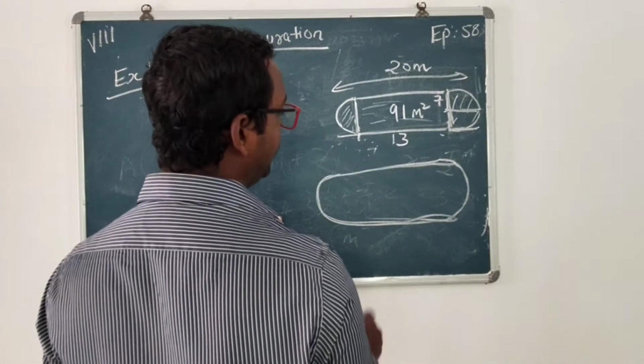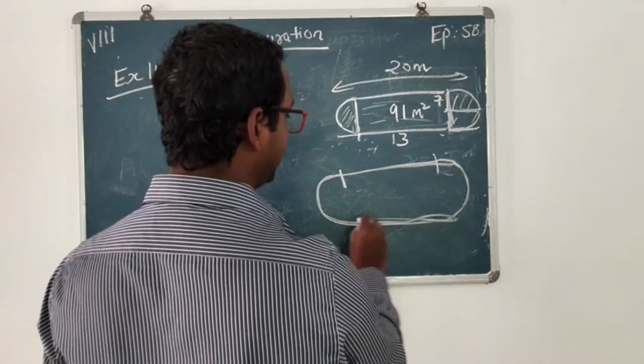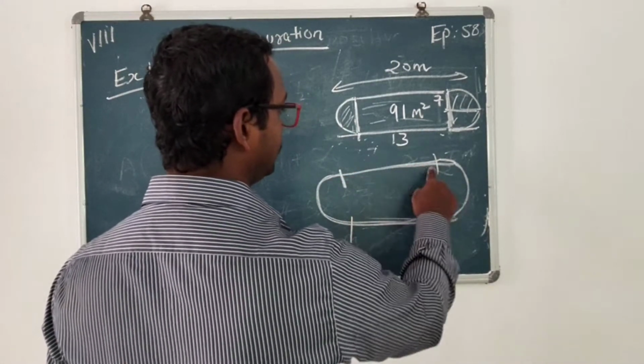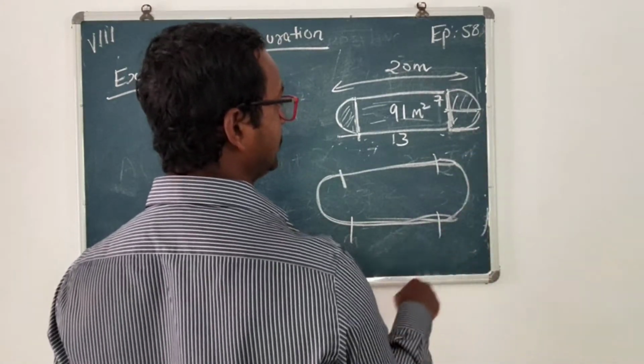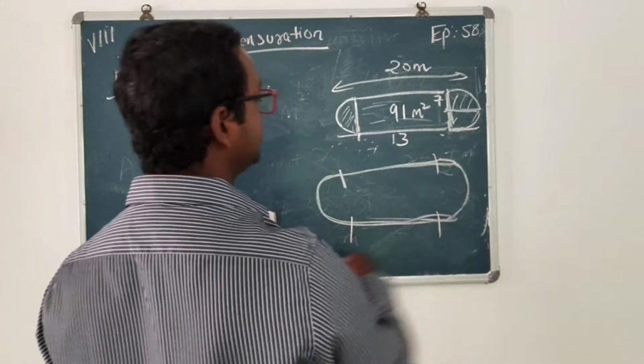For the perimeter, this is the length of the rectangle, and this is the circumference of the semicircle.